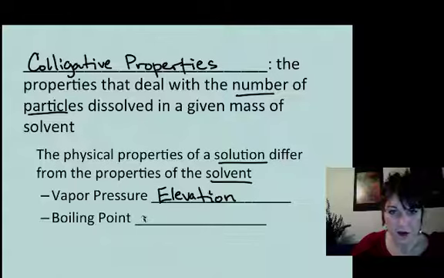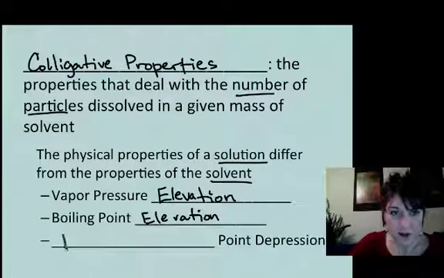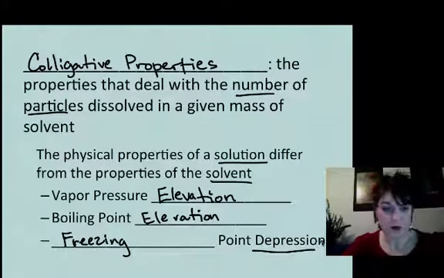And that causes the boiling point to increase as well. In addition, we will see that the freezing point goes down. That's called freezing point depression. So those are some of the physical properties that we're talking about when we talk about colligative properties.